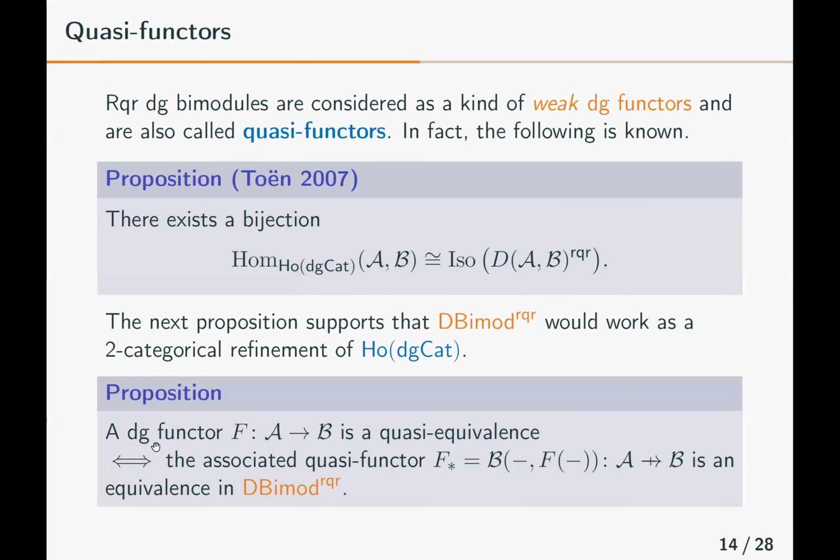Moreover, a DG functor F is a quasi-equivalence if and only if the associated quasi-functor F_* is an internal equivalence in the bicategory of quasi-functors D-Bimod_rqr. So these propositions suggest that this bicategory D-Bimod_rqr would work as a two-categorical refinement of the homotopy category of DG categories.